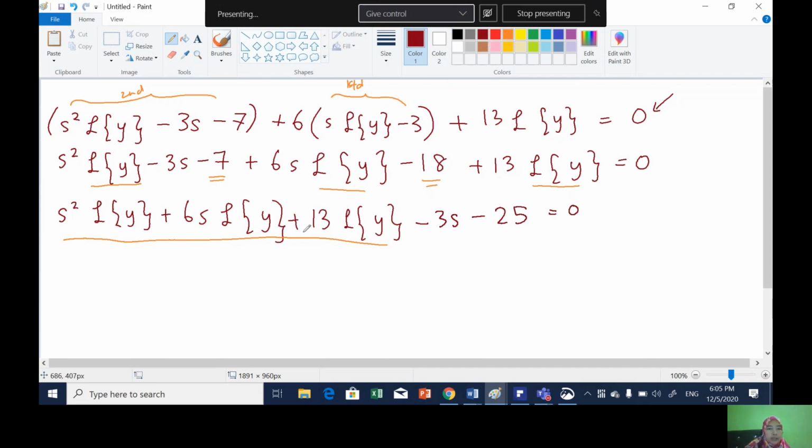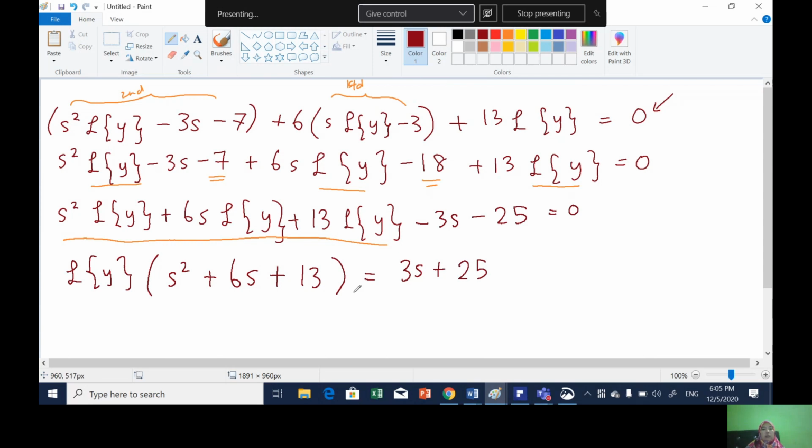Okay, so the one that I underline here, factorize L of y. Therefore, when we take out L of y, in the bracket we have s squared plus 6s plus 13, then equal to 3s plus 25.